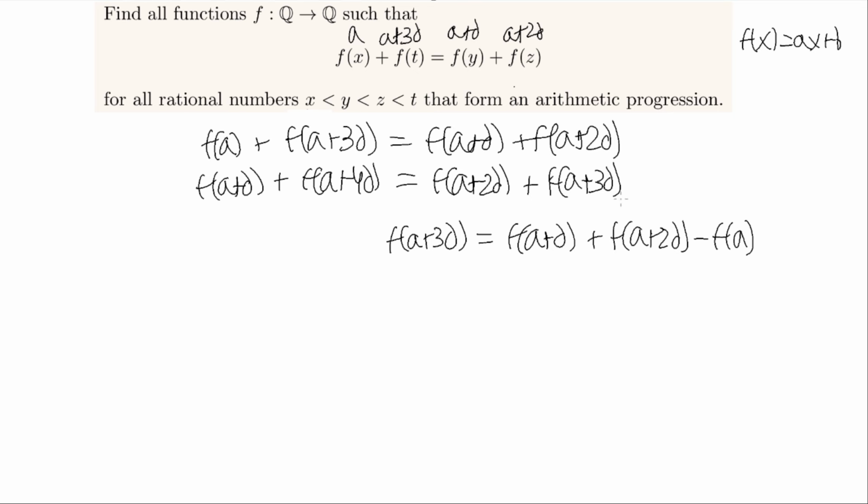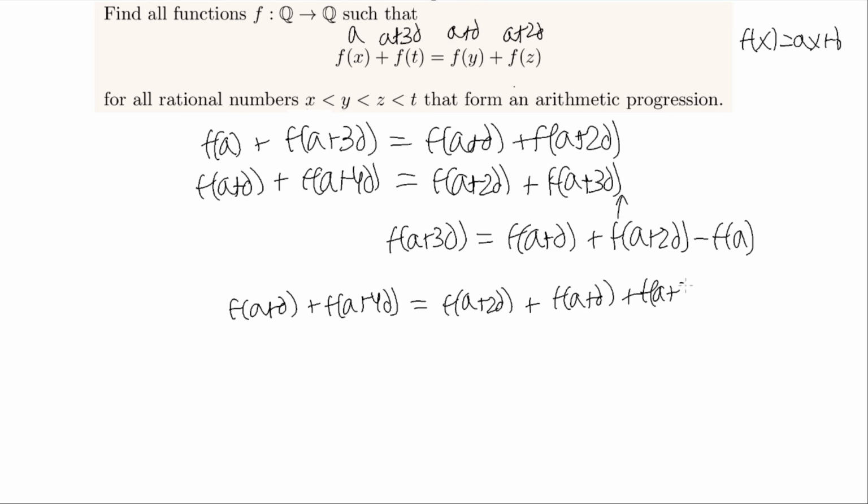Then if we plug this in here, we get f of a plus d plus f of a plus 4d is equal to f of a plus 2d plus this entire thing, f of a plus d plus f of a plus 2d minus f of a. Now we're really lucky because these terms cancel out.